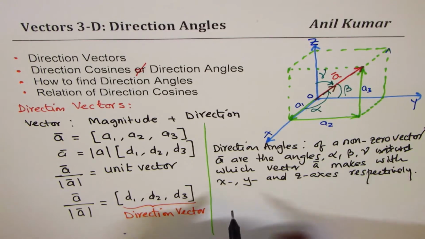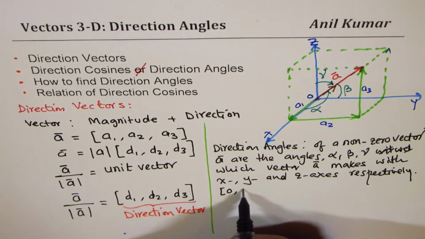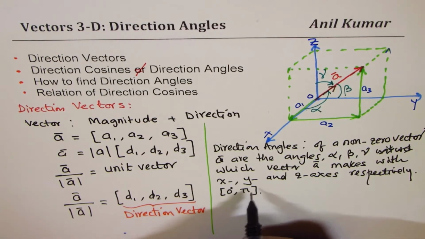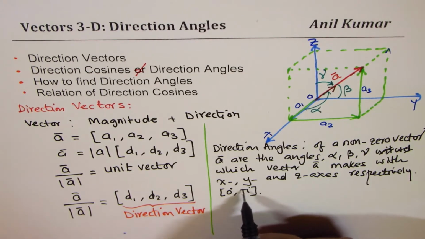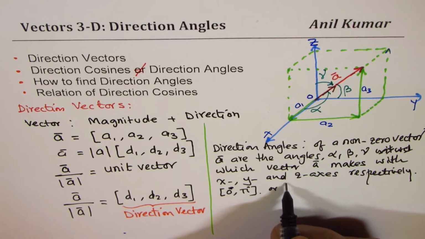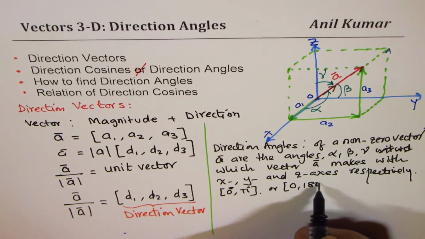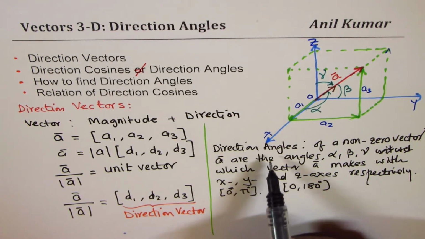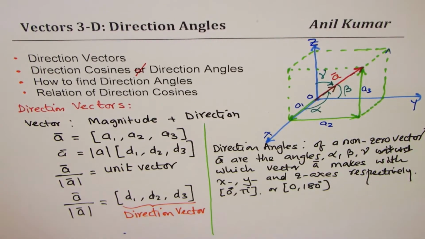And these angles should be within 0 to pi, so I should say 0 to 180 degrees. Does that make sense to you? So that is what direction angle is. Perfect. So direction angle is clear to you.